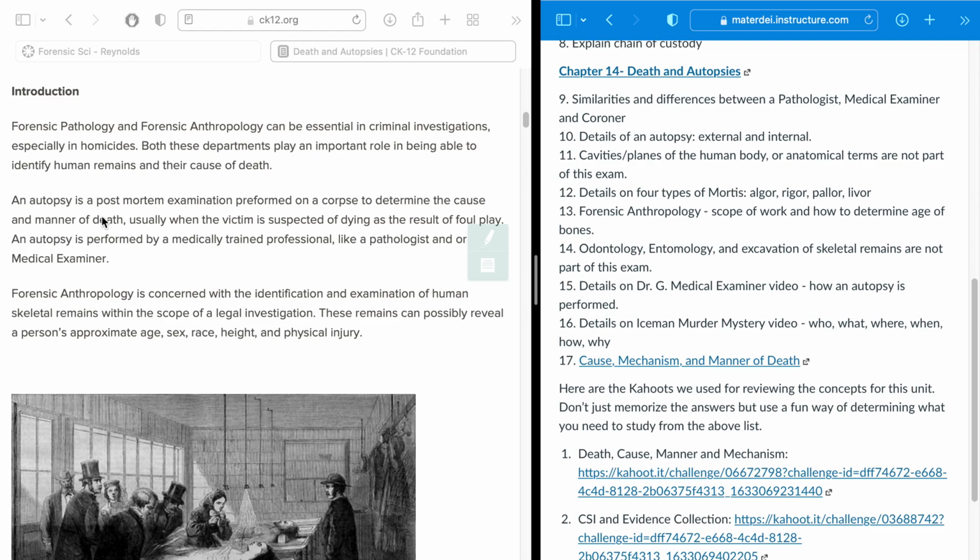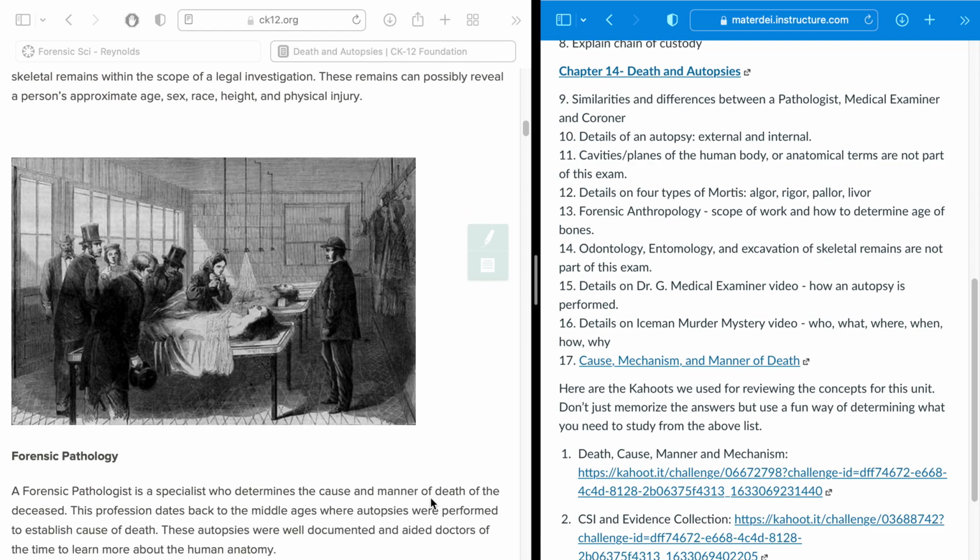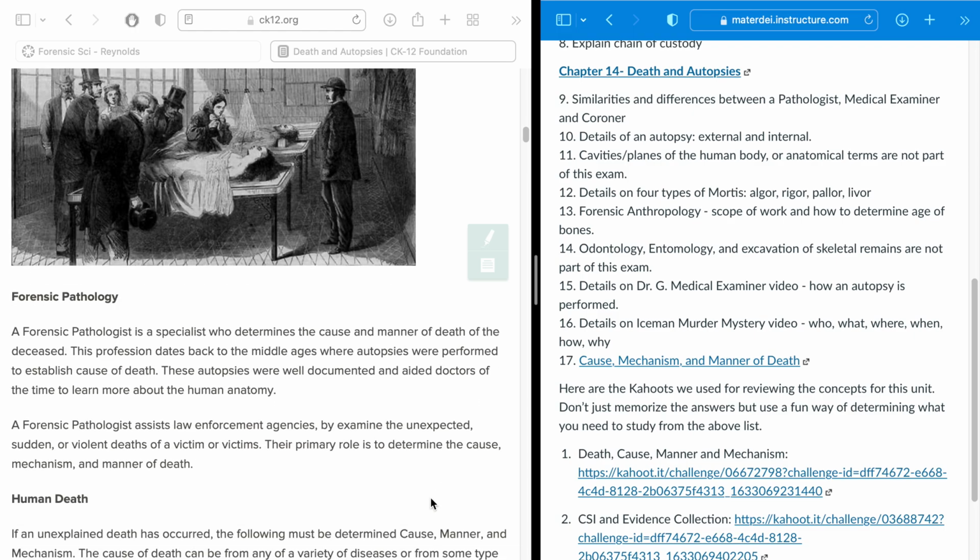So it's someone that can really look down at the cellular level instead of just doing the cutting and opening up of the body. It's someone that is the go-to answer person. An anthropologist, the skeletal remains, as I mentioned, we'll see how they can really do a great job of recreating someone's facial features just from the skull.